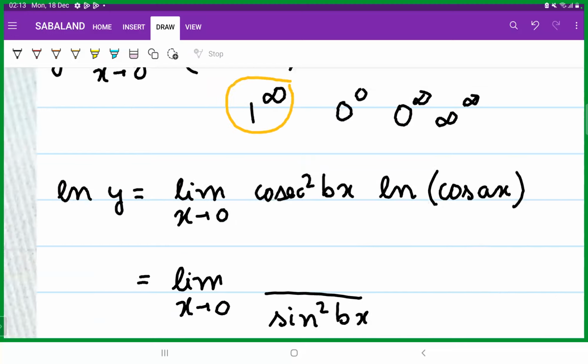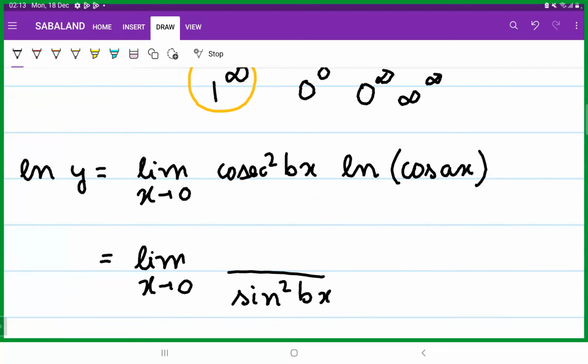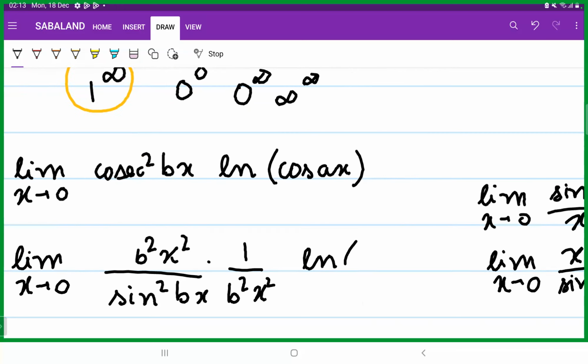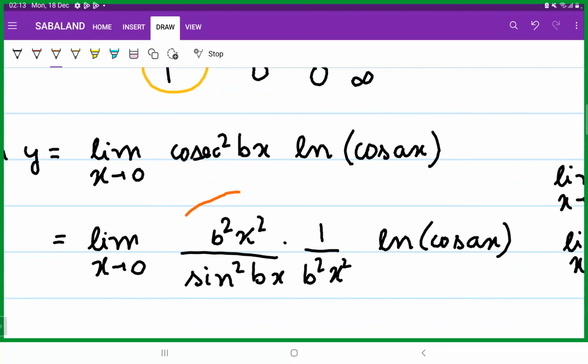So we will now apply this over here. Let's multiply both the numerator and denominator with b square x square, and we have got ln cos ax, right? So this entire term essentially becomes 1.